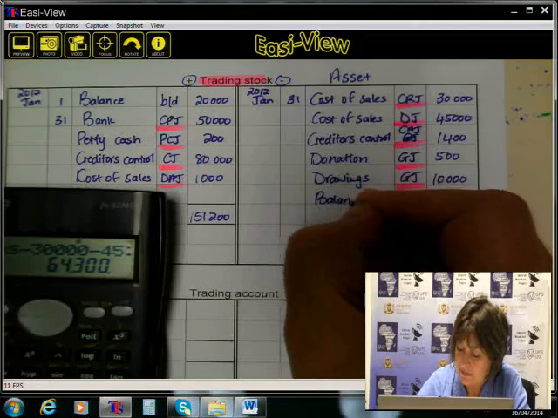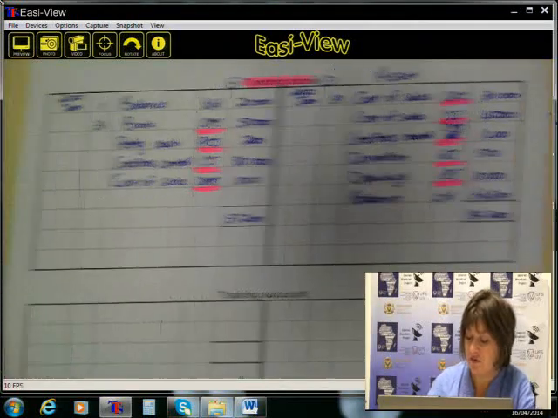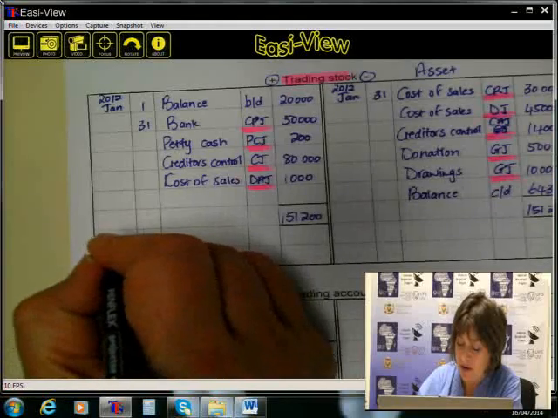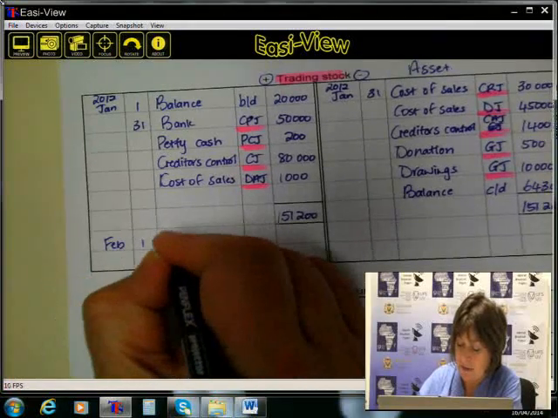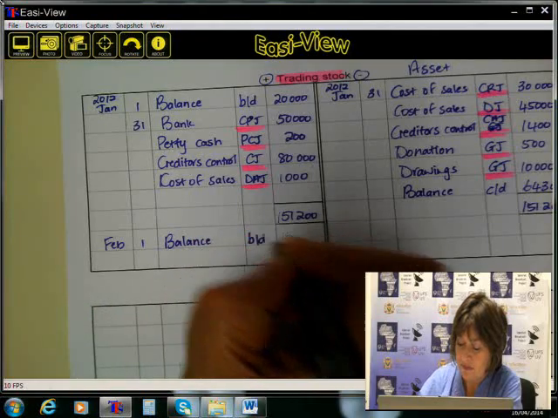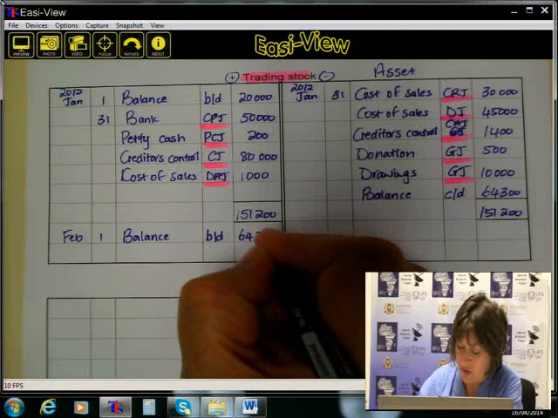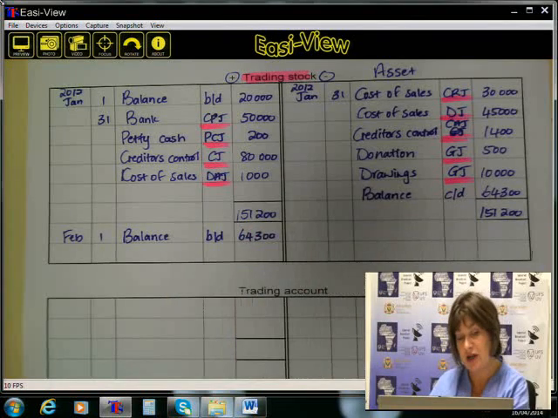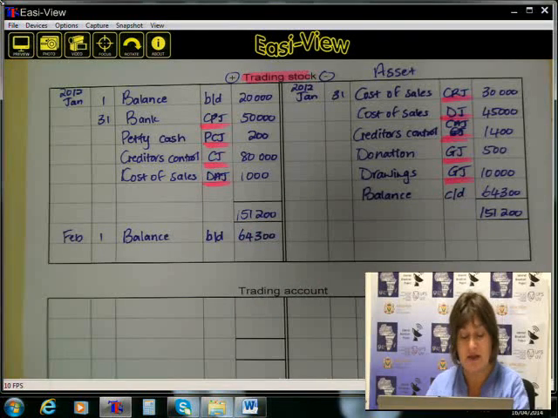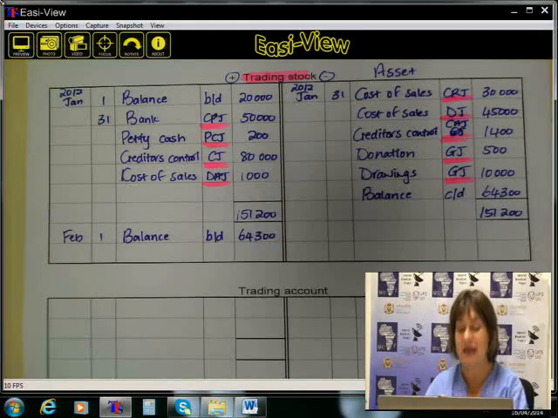Balance carried down. That was January the 31st. So this is February the 1st. Balance brought down, 64,300. And now what's going to happen? Now there's going to be a physical stock taking.